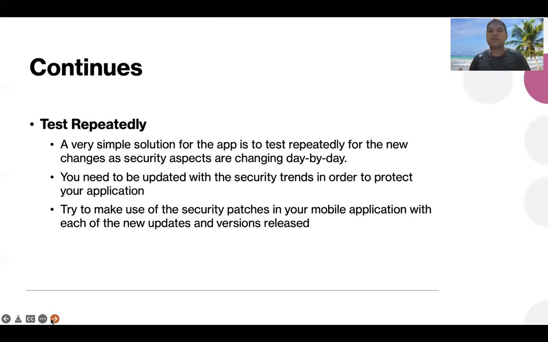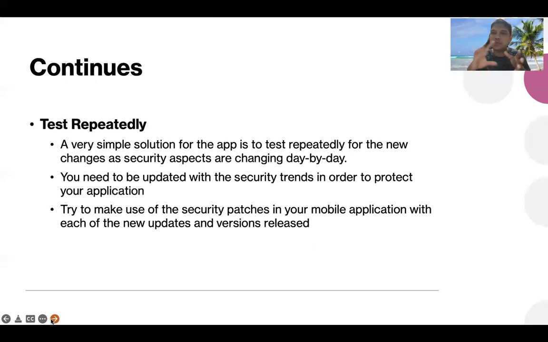And the next one is you need to test repeatedly. Once you build any mobile application, you need to test your source code repeatedly. Make sure to catch any error, any bug, and this is important for security purposes. And you need to keep up with security trends in order to protect your application.